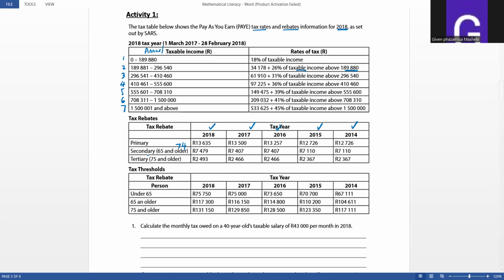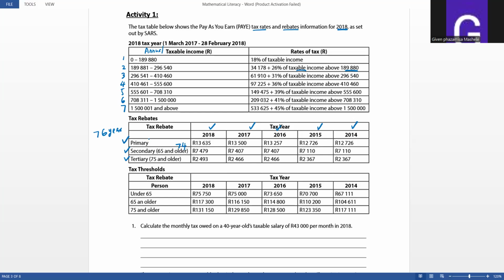Obviously, if a person is aged, let's say, 76 years, it means this person qualifies for primary, secondary, and tertiary. Primary means qualifies for all the rebates.